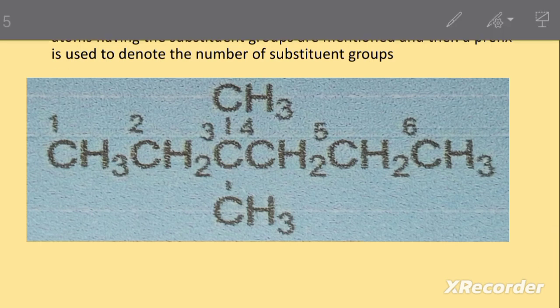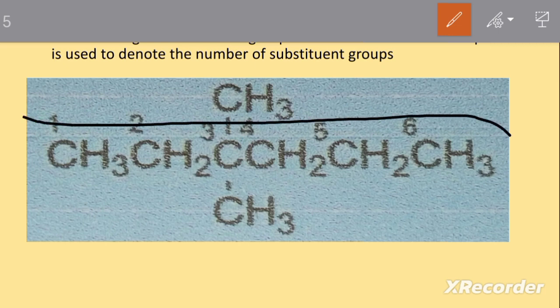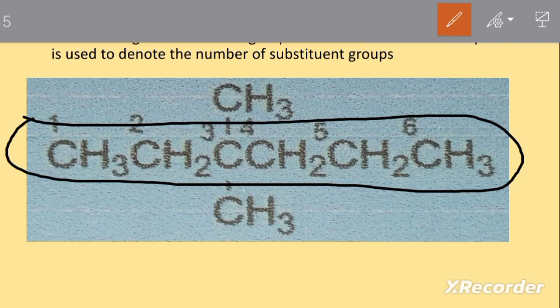First of all, we should select the longest carbon chain. Here, this is the longest carbon chain. And to this carbon, these two methyl groups are attached. So we should number the carbon atoms in the longest carbon chain so that this carbon atom gets the lowest possible number.